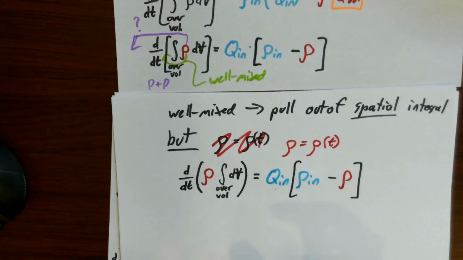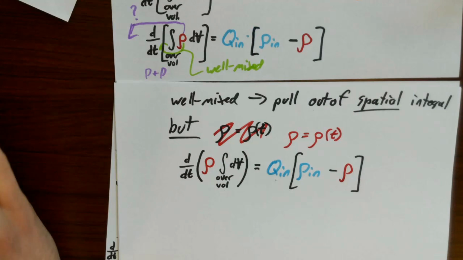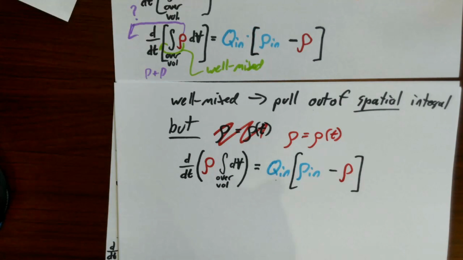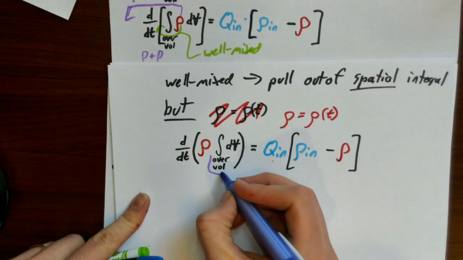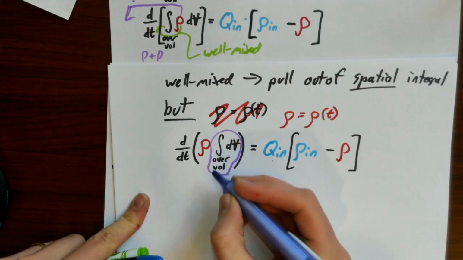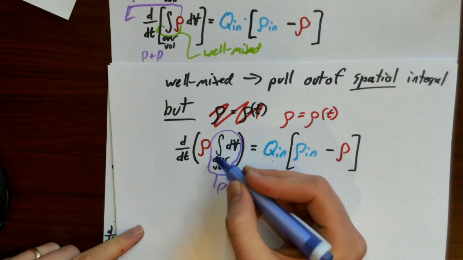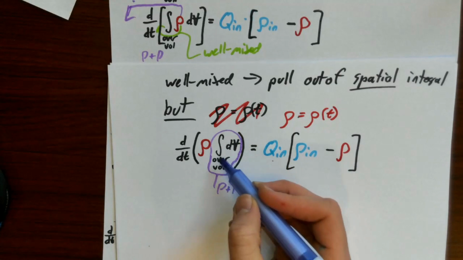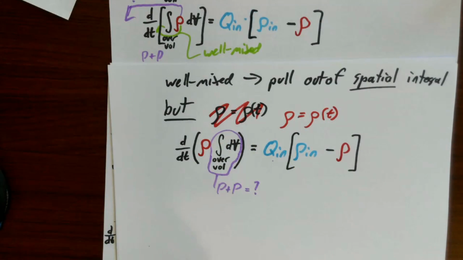All right, so let's see if we can make a little more progress here. Take a moment now and pause and ponder. What is this? Can we make some simplification to this integral dV over the whole control volume? Well, perhaps you've paused and pondered.